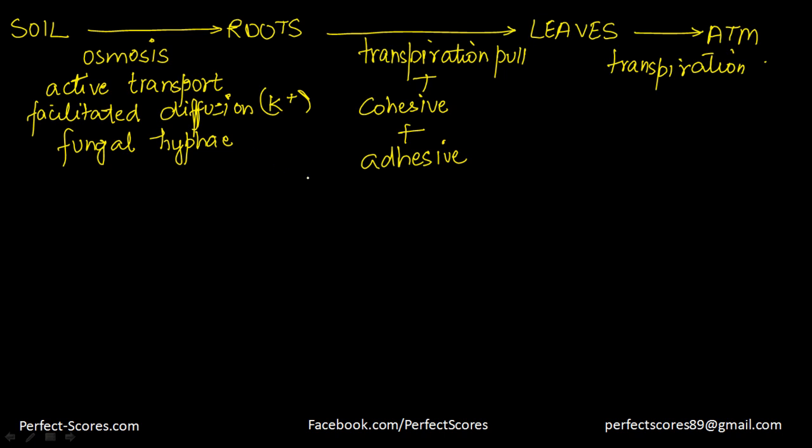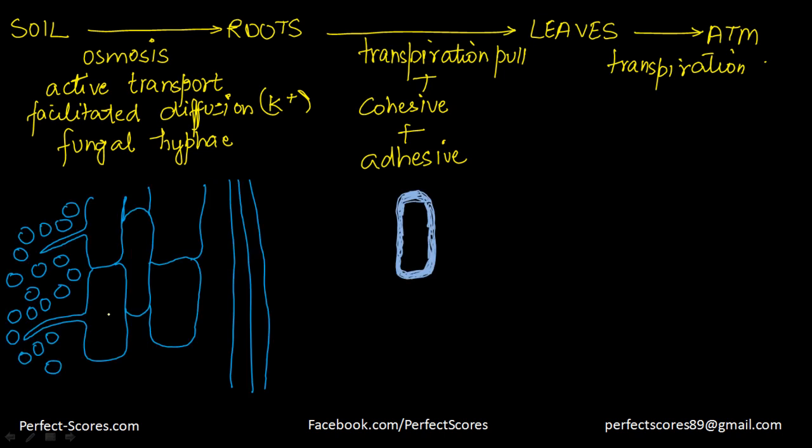Now let's go through what happens in the roots in detail. So let me draw a diagram for that. This is a rough diagram of the root. Now this extension that you can see is the root hair. And water has to enter from these soil particles into the root hair. So this is the direction of the entry of water and the ions.